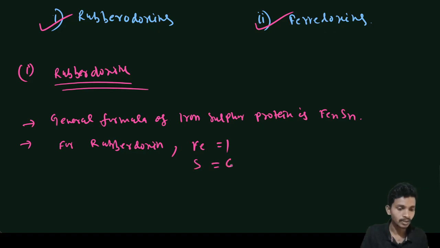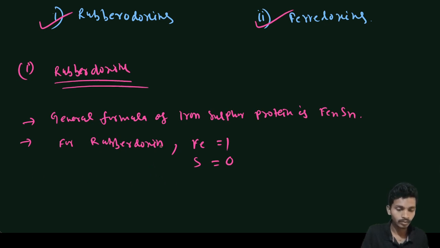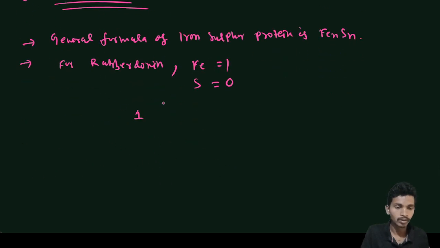It means that one Fe atom is present and 0 labile sulfur is present. Whenever we say SN, it means labile sulfur.